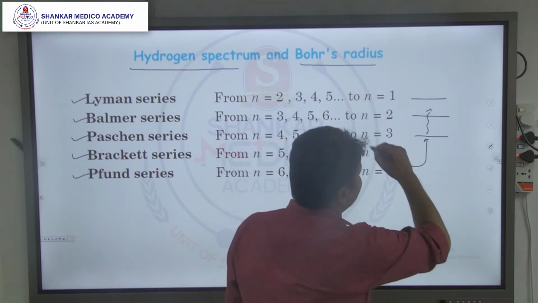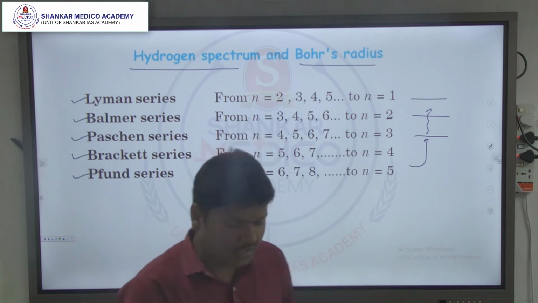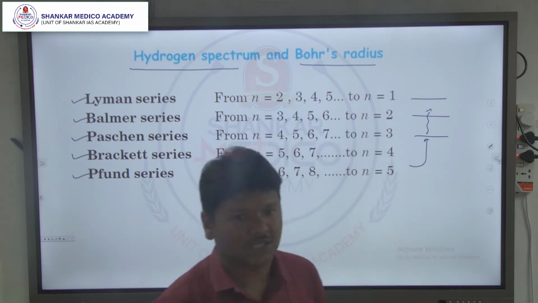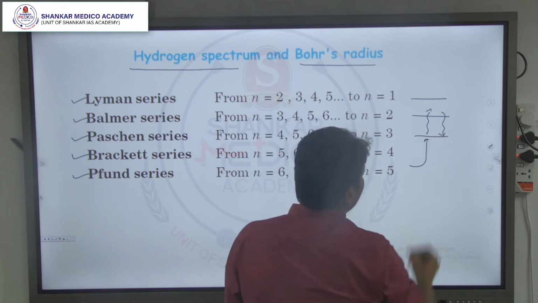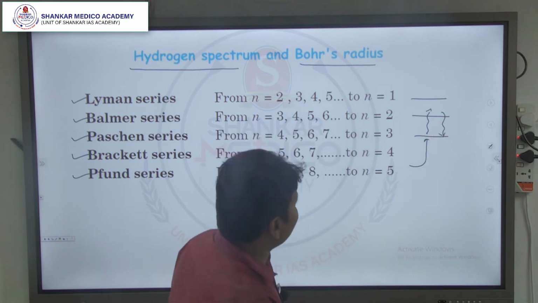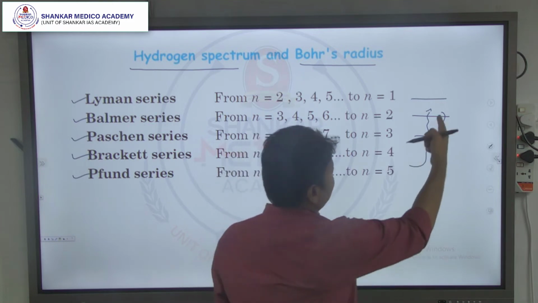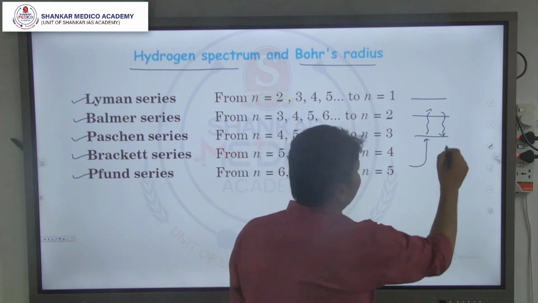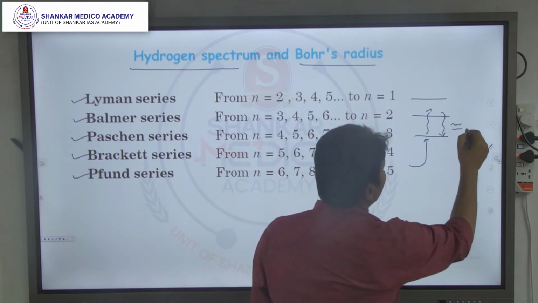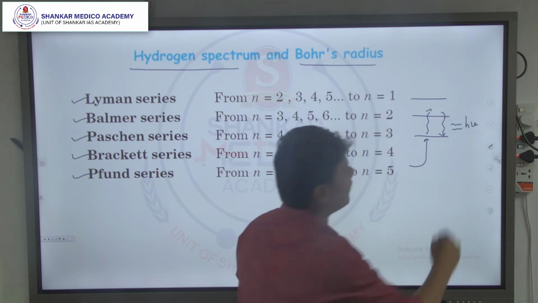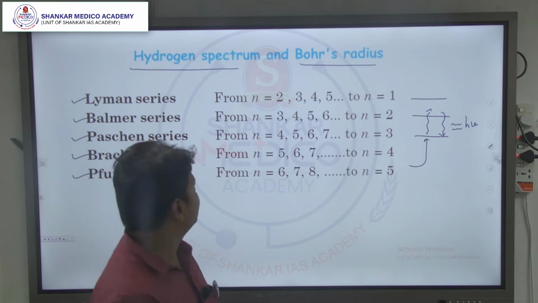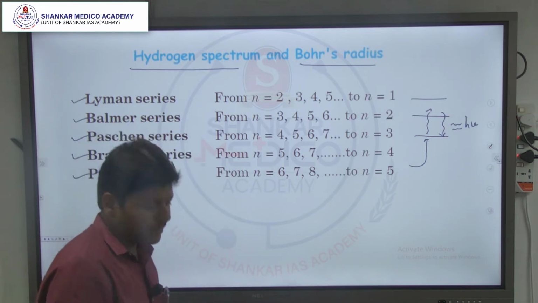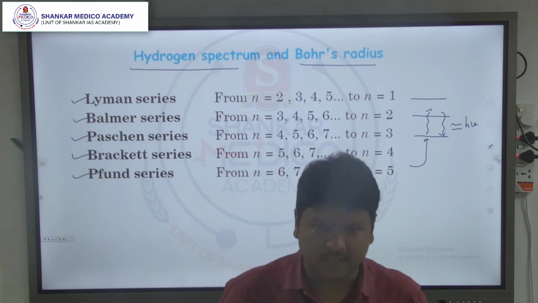The electron is not stable in the higher energy level, so it will return back to the ground state. Whenever the electron drops from a higher energy level to a lower energy level, it emits energy in the form of light. These correspond to the different series of lines you will be expecting in the hydrogen spectrum.